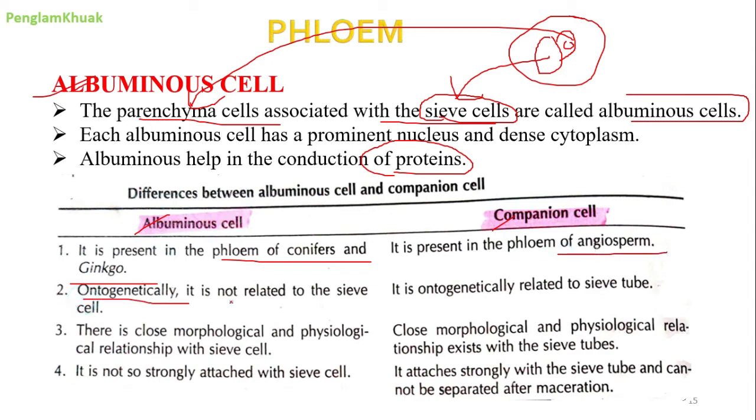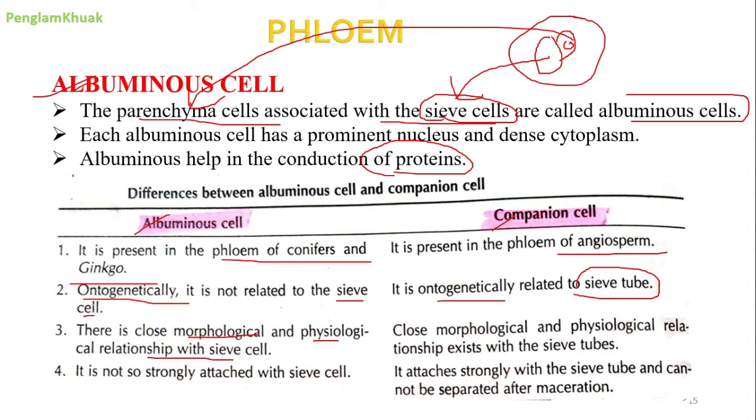Ontogenetically means the origination and development of an organism. Based on origination and development of an organism, the albuminous cell is not related to the sieve cell. They are totally different in where they originate or derive. But here the mode of origin, that is ontogenetically, the companion cell is related to the sieve tube. So there is a close morphological and physiological relationship with the sieve cells.